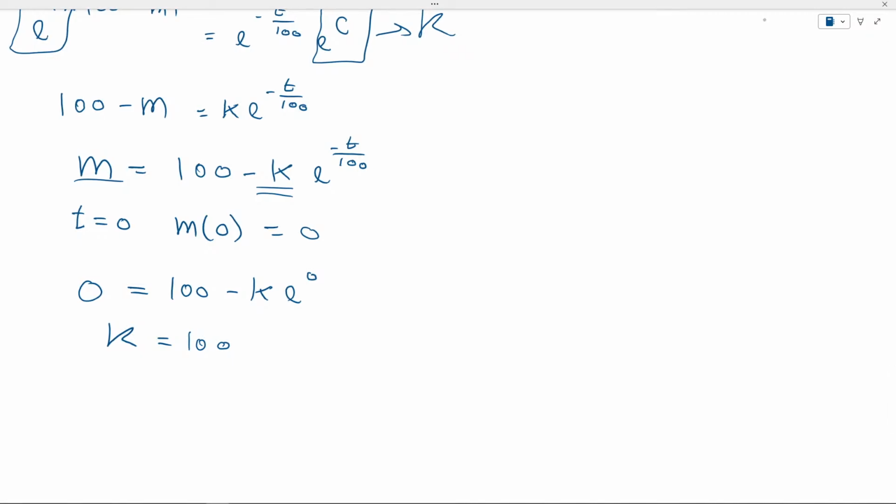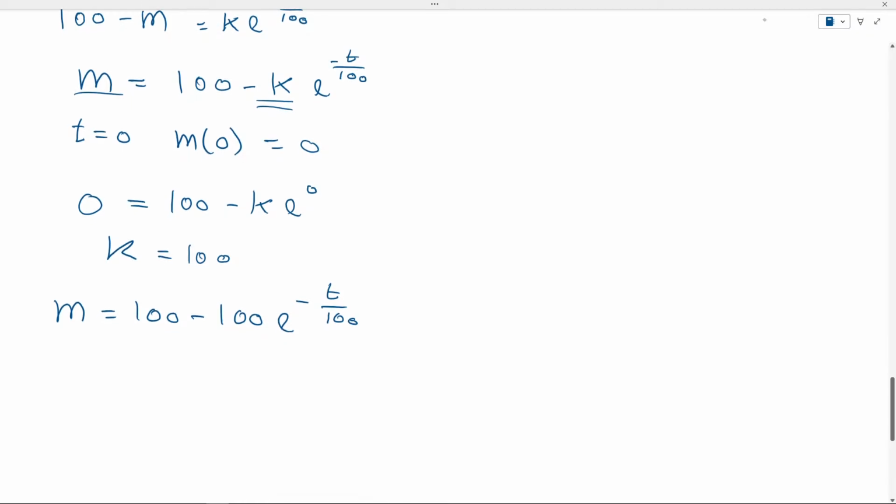So m is equal to 100 minus k, which is 100, e to the power negative t over 100. I can take this as a common factor, so that would be 100 times 1 minus e to the power negative t over 100.